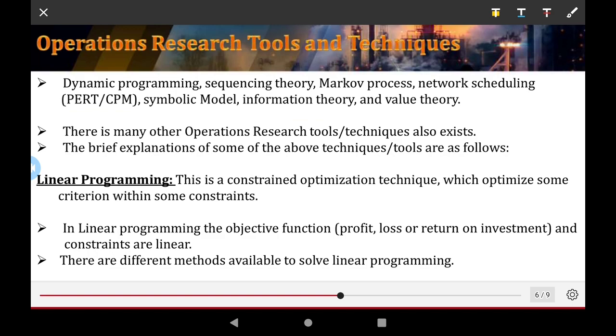This is a very important topic, and it is covered in detail in this subject. There are other operation research tools and techniques that also exist.